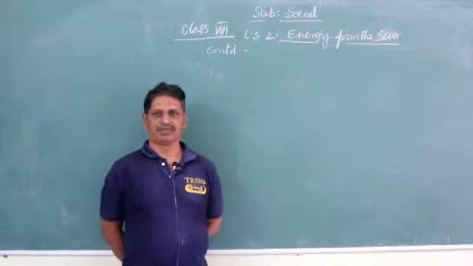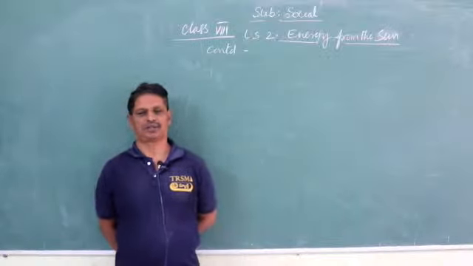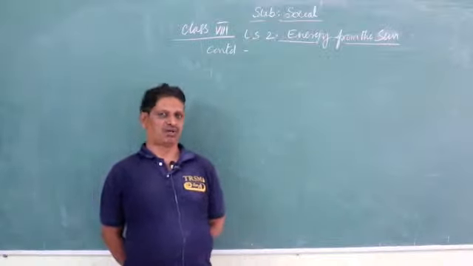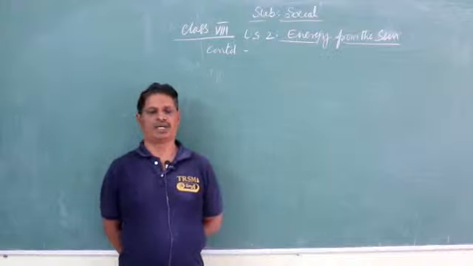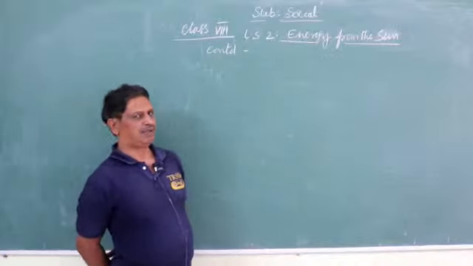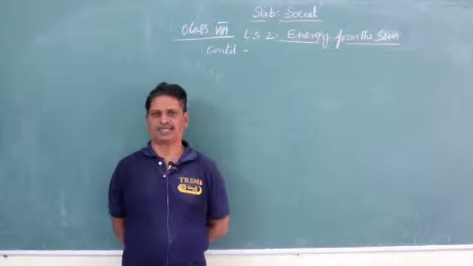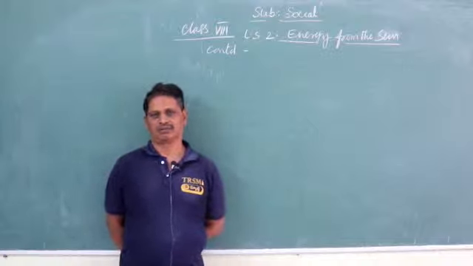We have different relief features. The highest altitude relief feature is mountains. Second one is plateaus. Third one is plains. We have other relief features like deserts and islands. We also have cold deserts.